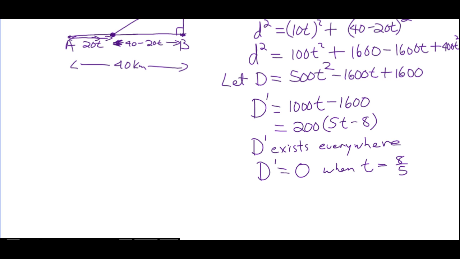So, yeah, or you could say D is a quadratic function, it opens up, therefore it's got a minimum, and there's your minimum. But let's do our little chart. We usually do a little chart, right?